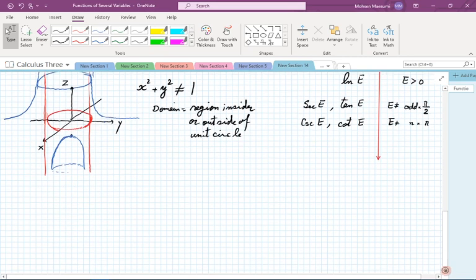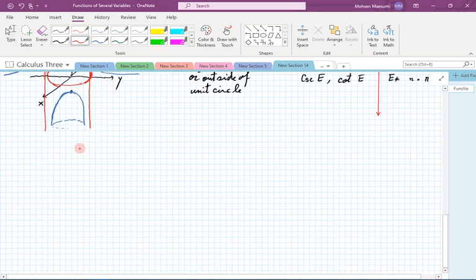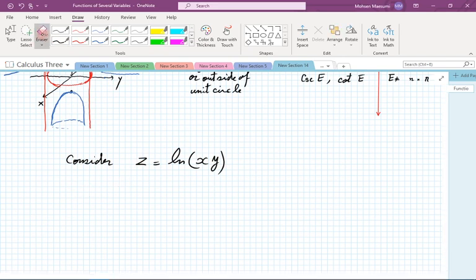So suppose I ask you, consider z is equal to the logarithm of x times y. The question is, what's the domain of this function? Let me go ahead and name it something, so we refer to it by its name.